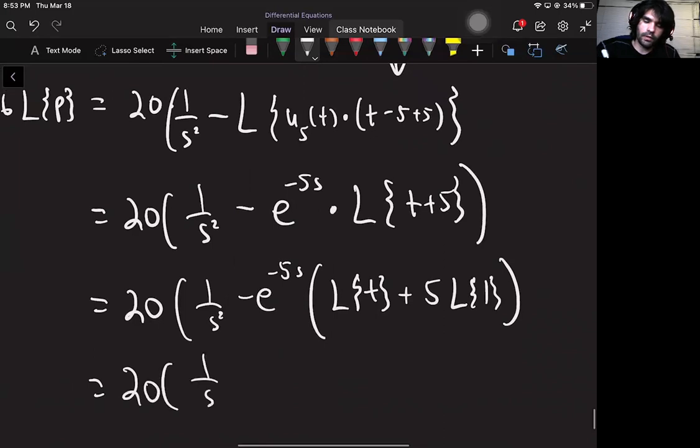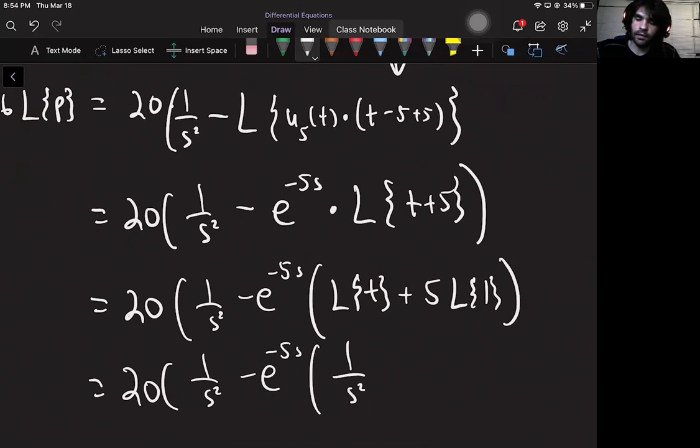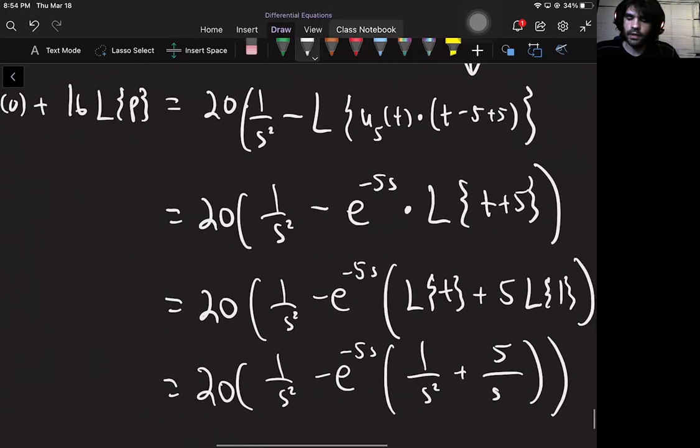One step at a time: the Laplace transform of t is 1 over s squared, and the Laplace transform of 1 is 1 over s. I'll just stick this underneath the 5. Okay, so that's the right side.